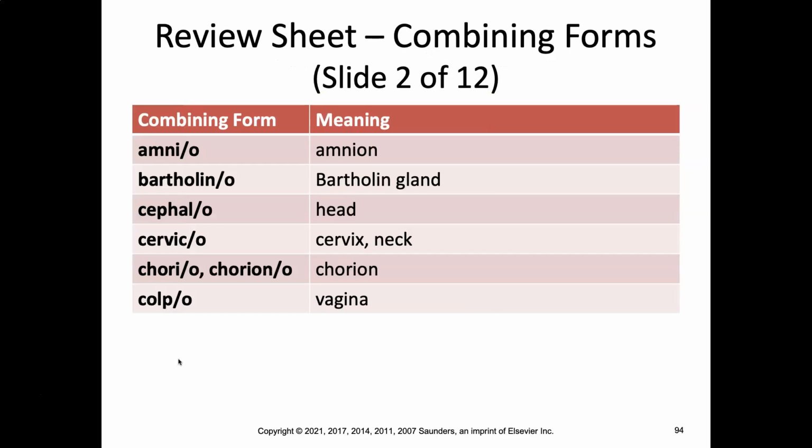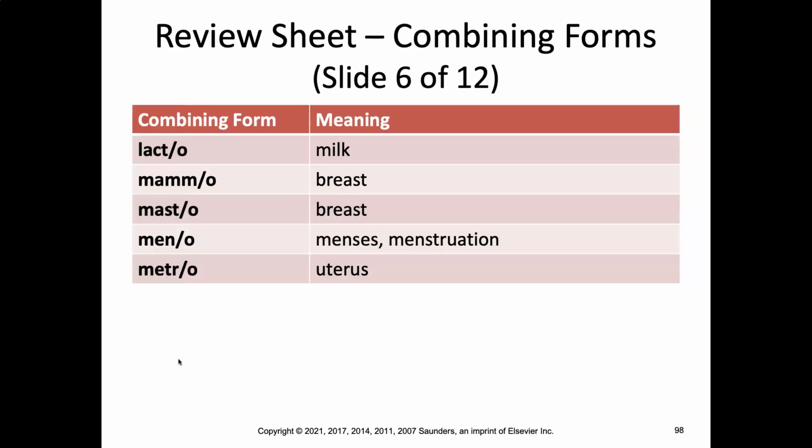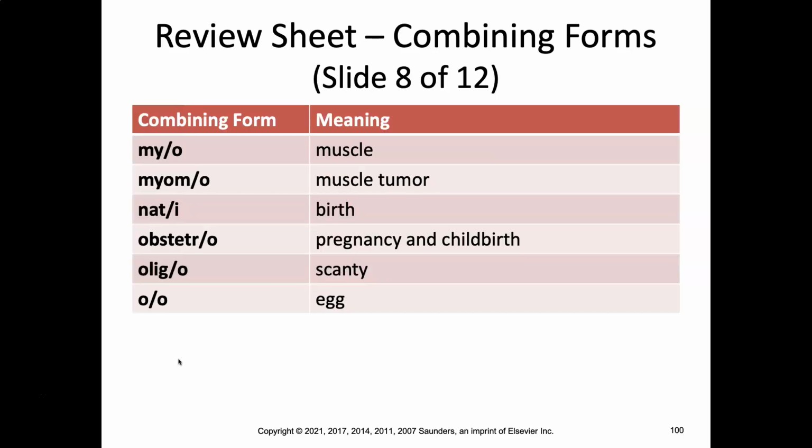Okay, combining forms. Remember our equation. It is a root plus a combining vowel will equal a combining form. Amnio, Bartholino, cephalo, cervico, chorio, choriano, colpo, coldo, apesio, galacto, gyneco, hystero, lacto, mammo, masto, meno, metro, myo, myomo, nati with that I, obstetro, oligo, O. The letter O means egg.